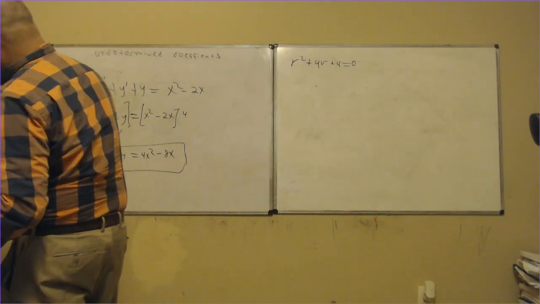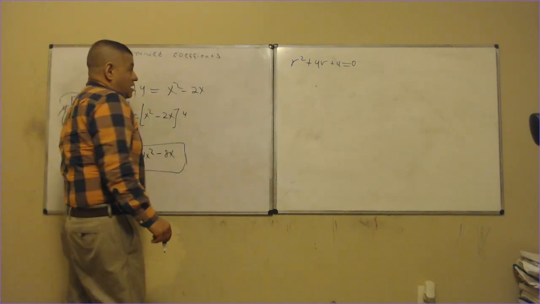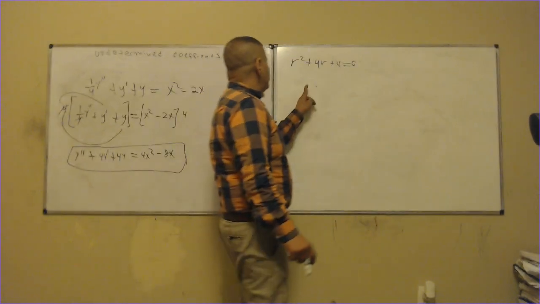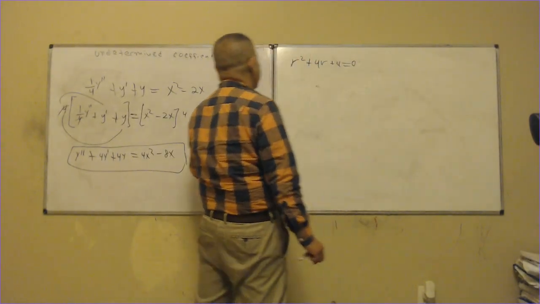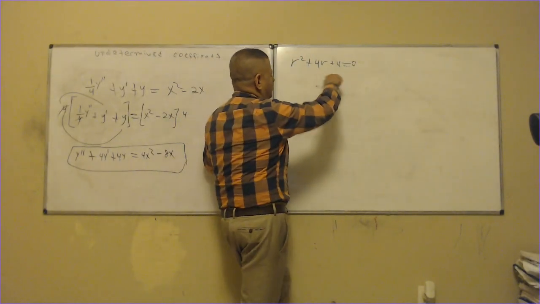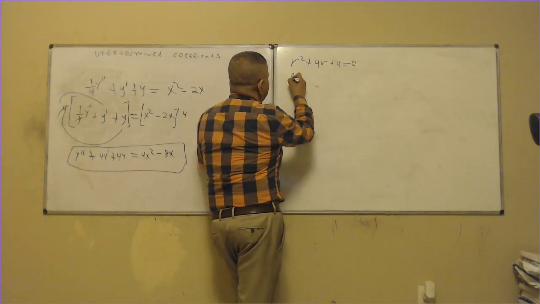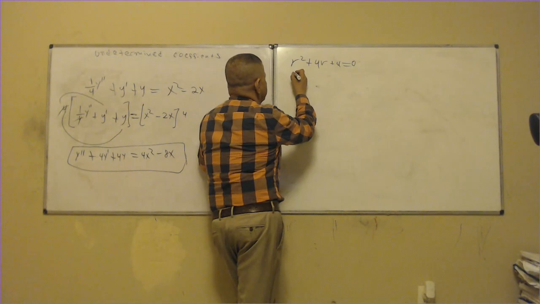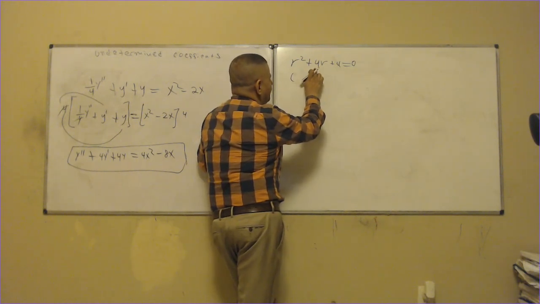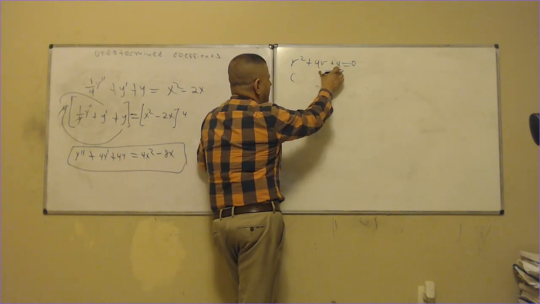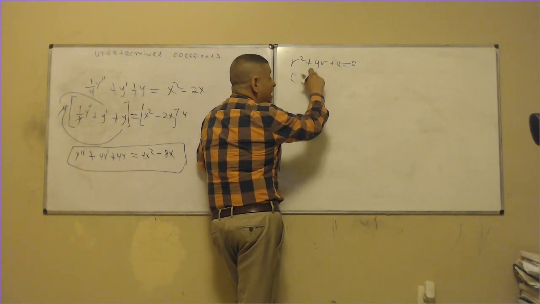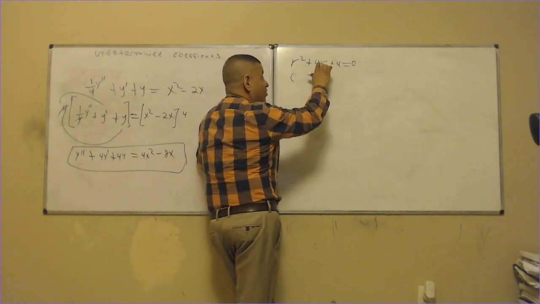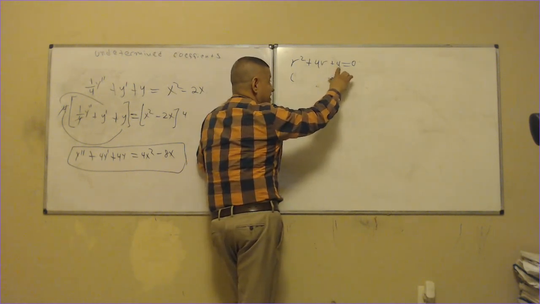Okay, so let's go. Now, what can we do here? What two numbers add up to 4 and multiply to 4?